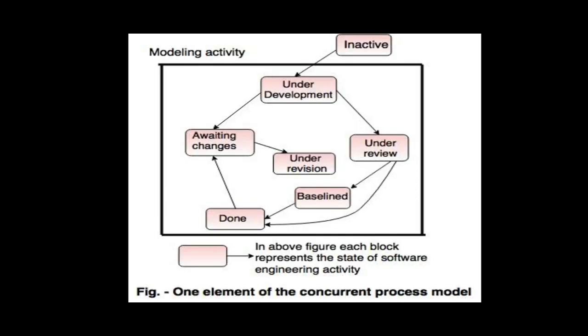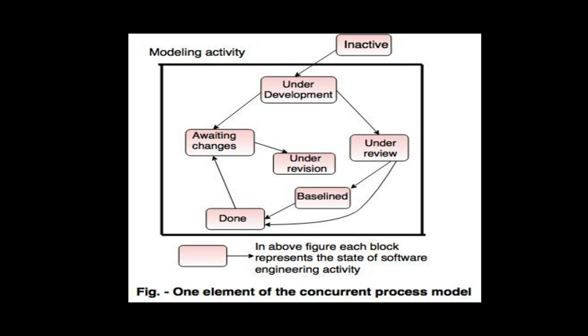Now we can see the diagram of the concurrent model. Modeling activity: first, under development, under review, under revision, awaiting changes, baseline, and done. In the above figure, each block represents the state of a software engineering activity.